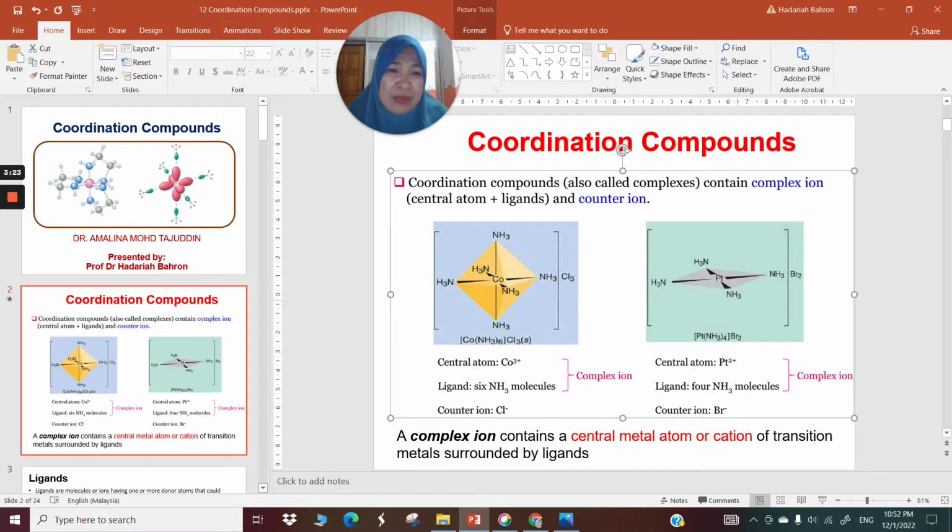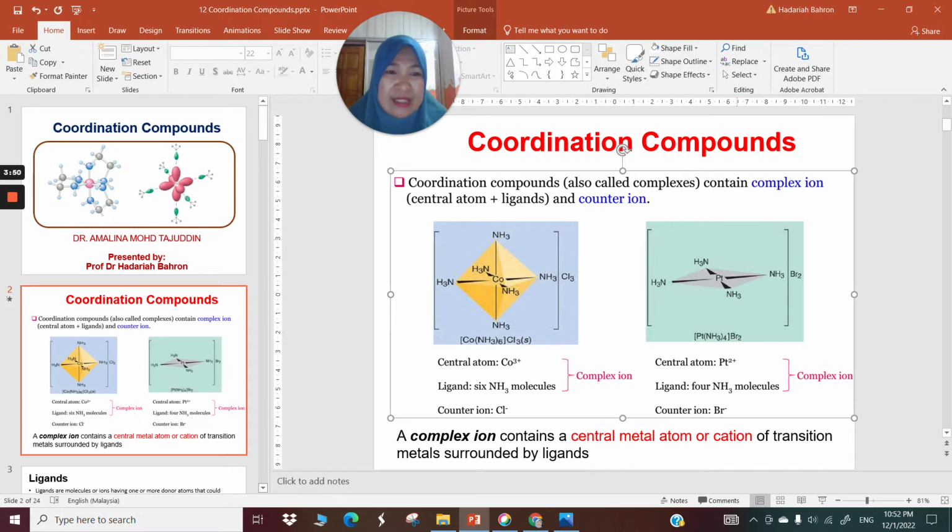The second example is the one on the right here, where you have platinum surrounded by 4 ammonia molecules that act as ligands. I'm going to tell you what is a ligand in the next slide. So you have platinum, 4 ammonia, and 2 bromide outside acting as the counter ion. The 2 bromide carry 2 minus charge.